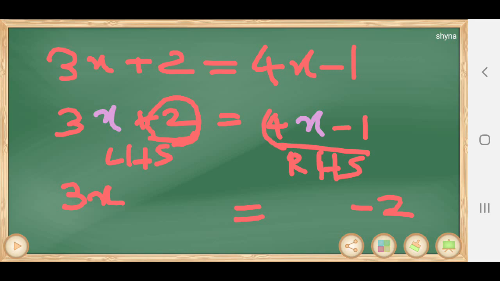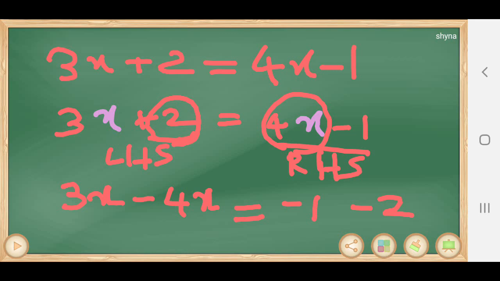Here 4x is positive, no negative symbol. So while transposing 4x from RHS to the LHS, it will become minus 4x, giving 3x minus 4x. Now one more term, minus 1. Minus 1 is already in RHS, and in this problem we are keeping all numbers in RHS itself, not transposing, so the same symbol.